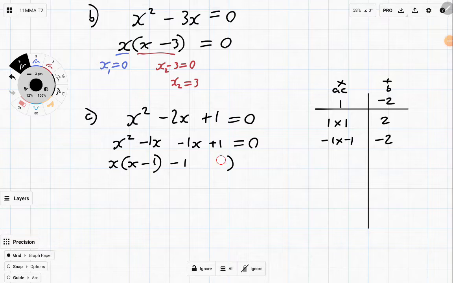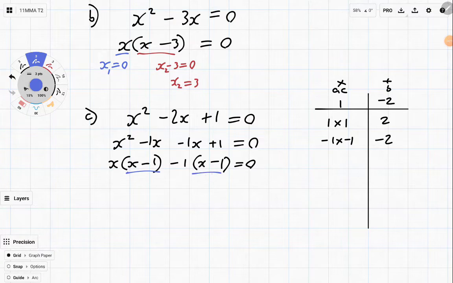If I pull out a negative 1 from here, I'm left with x in the first term, and negative 1 times negative 1 equals 1, equals 0. And in this case, I could now finish up my direct factorization. Pull this out the front, x minus 1, and I'm left over with x minus 1.